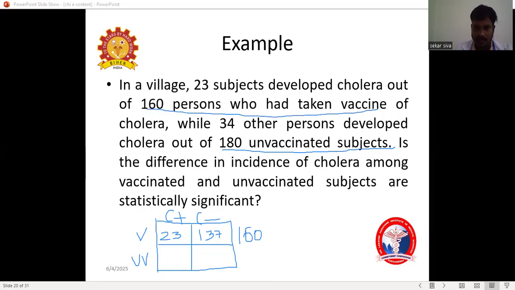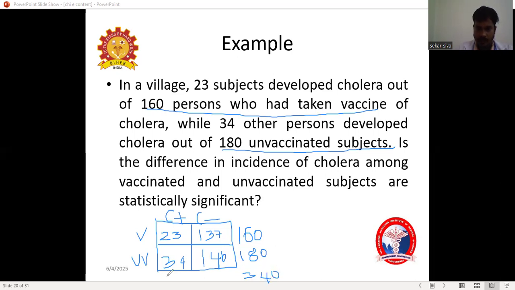In that 180, 34 persons developed cholera. Remaining 146. The grand total will be 340.